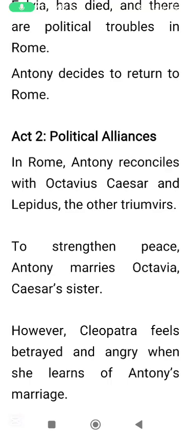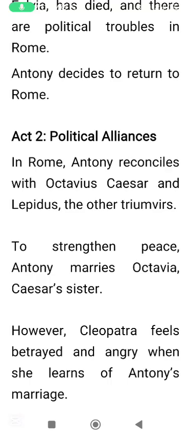In Rome, Antony reconciles with Octavius Caesar and Lepidus, the other triumvirs. I said there are three rulers, so the other two are Octavius Caesar and Lepidus. He reunites with them.